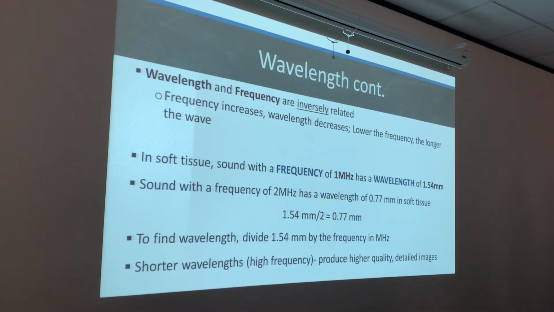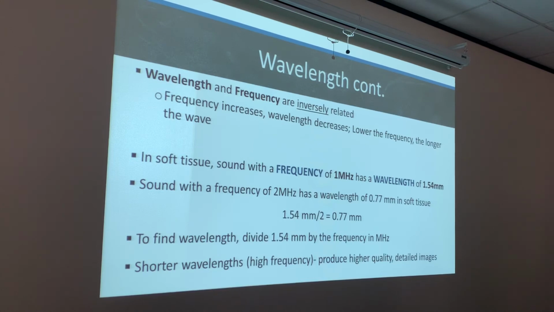Of course it's gonna get smaller, because they're inversely related. The higher I go up on my megahertz or my transducer frequency, the lower, or the shorter, my wavelength is going to be.